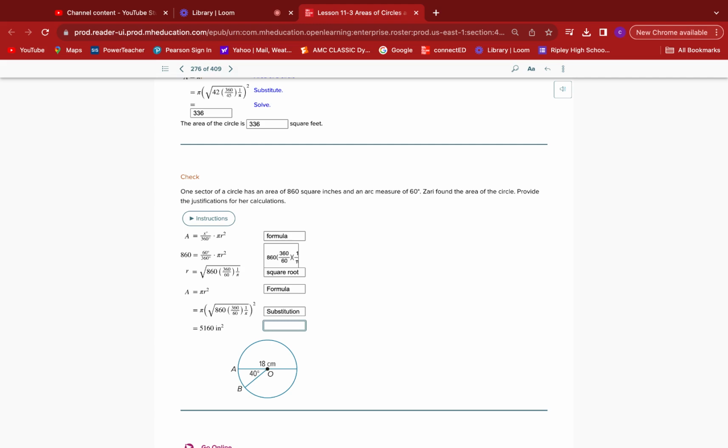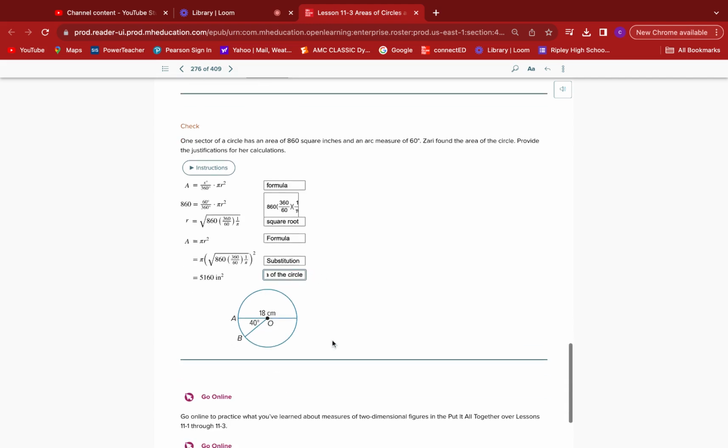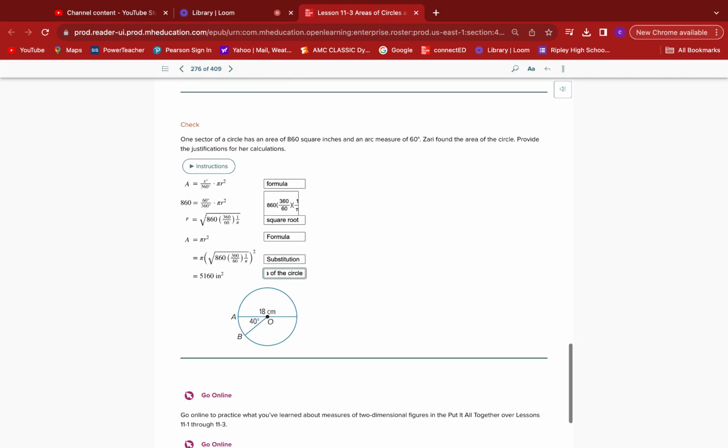Everything else was the same. Yeah, her answer's right. 5,160 square inches. Okay, so yeah, this is the correct answer. So this is the area of the circle. Yeah. So yeah, she did it right.